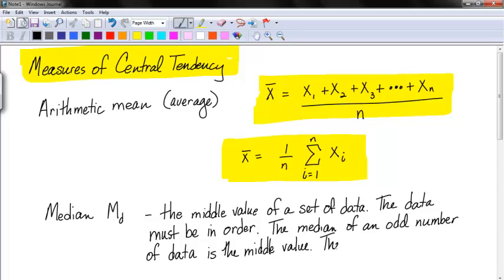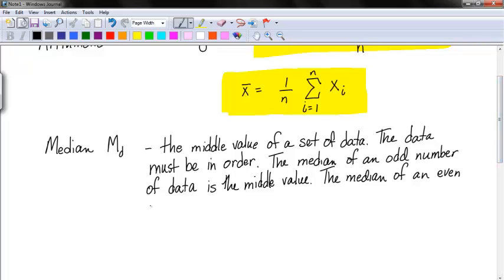And the median of an even number of data is, you actually take the two middle values, add them together, and divide by 2. So it is the mean of the two middle values.